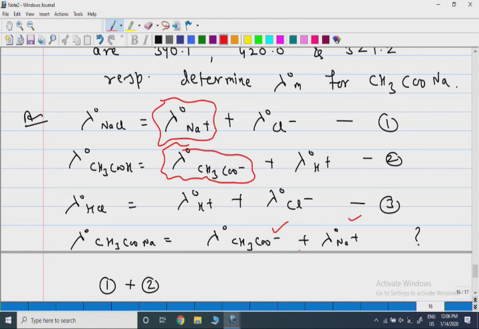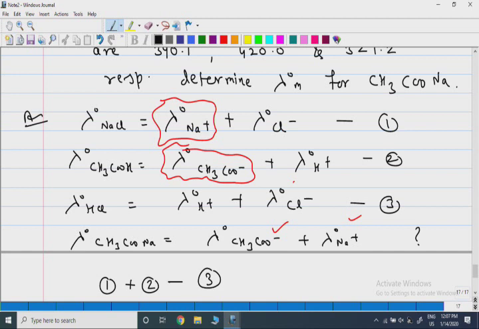But there is a problem. If I simply add 1 and 2, I'll get the H plus and Cl minus as well, which is not required according to the final equation. But you can check, in equation number 3 these two ions are already present. So if I subtract equation number 3 from here, the extra HCl part will simply get cancelled, and I'll be left with only Na plus and CH3CO minus. Is it clear to everyone? Confirm once.